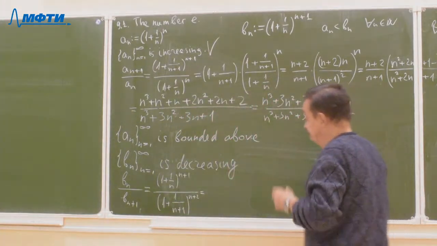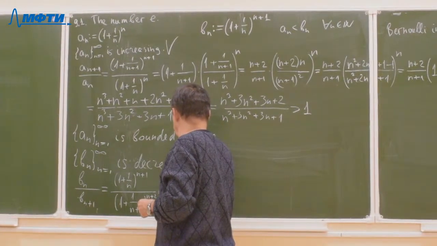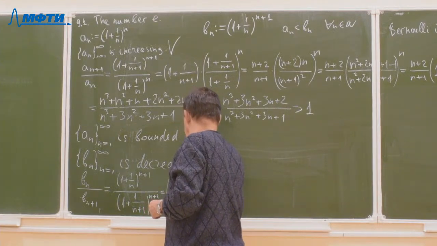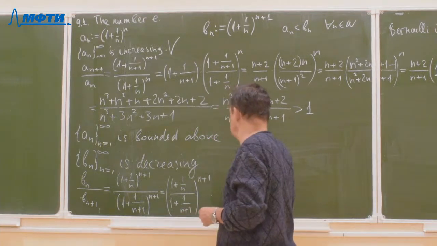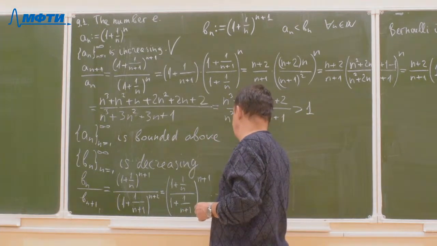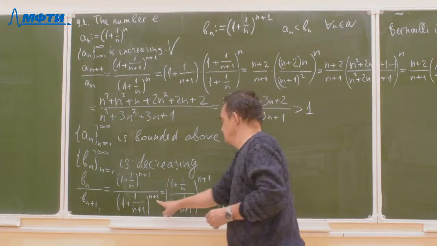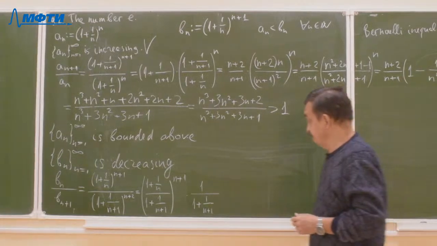That is, again, 1 plus 1 over n, 1 plus 1 over n plus 1 power n plus 1 times 1 over 1 plus 1 over n plus 1. So we split n plus 2 into n plus 1 plus 1.